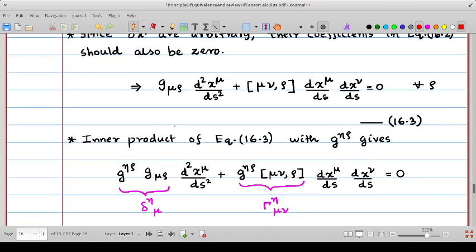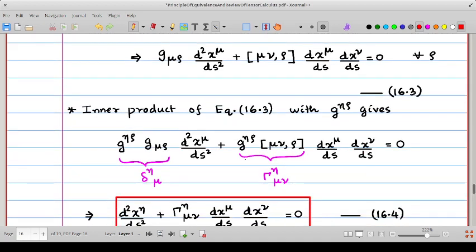Now we take the inner product of this equation with g eta rho. So when we do that, we have g eta rho, g mu rho, then d square x mu by ds square, then g eta rho times the Christoffel symbol mu nu comma rho dx mu by ds, dx nu by ds equal to 0.